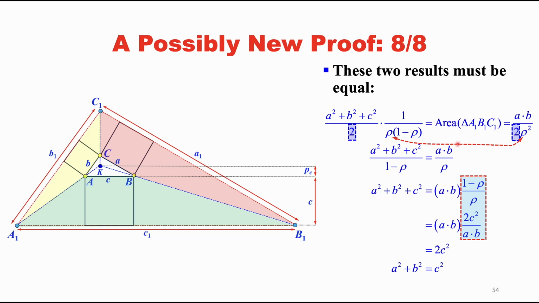Then we move 1 minus rho to the right, and we know 1 over rho divided by rho is calculated to be this. So here, A times B are cancelled out. We have 2c squared. This 2c squared can eliminate one of the c squared. We have A squared plus B squared equals c squared. This is possibly a new proof of the Pythagorean theorem.